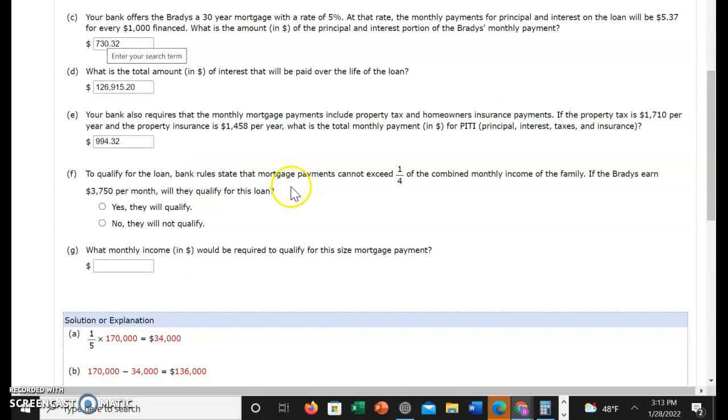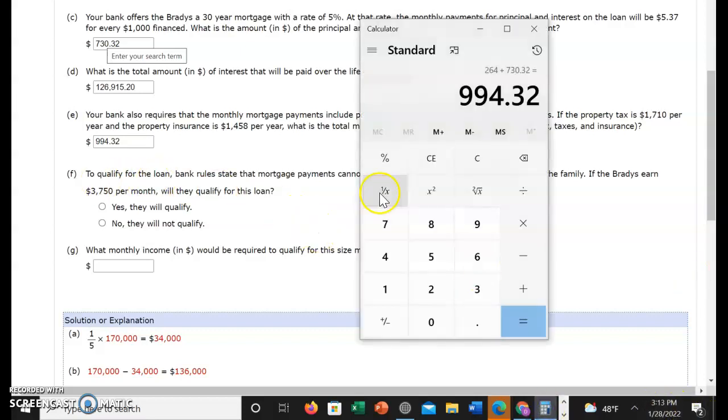To qualify for the loan, bank rules state that the mortgage payments cannot exceed 1/4 of the monthly income of the family. If the Bradys earn $3,750 per month, will they qualify for the loan?